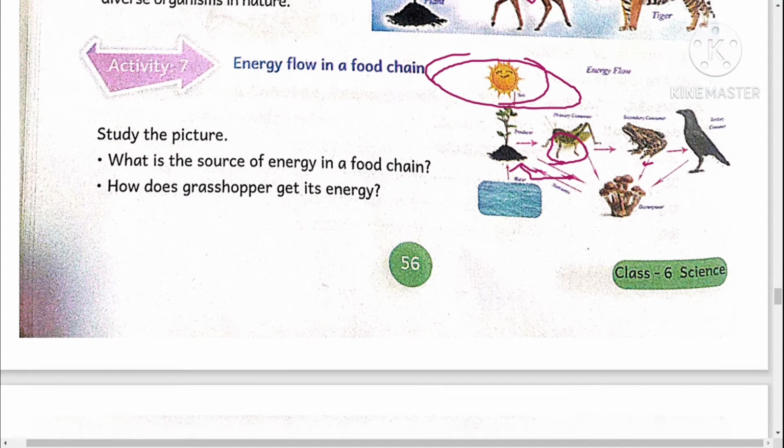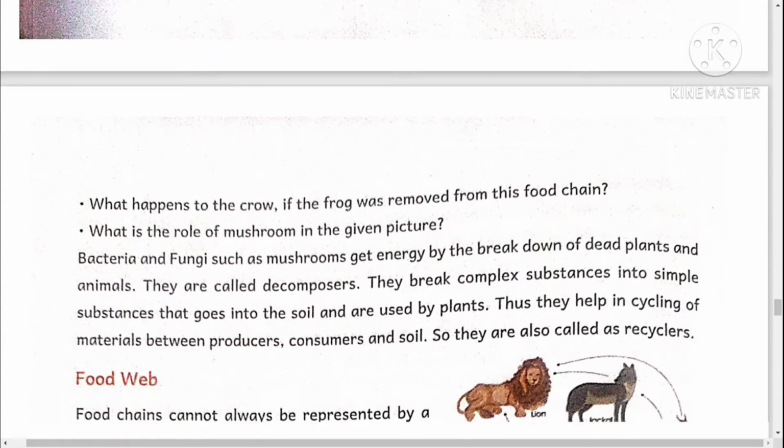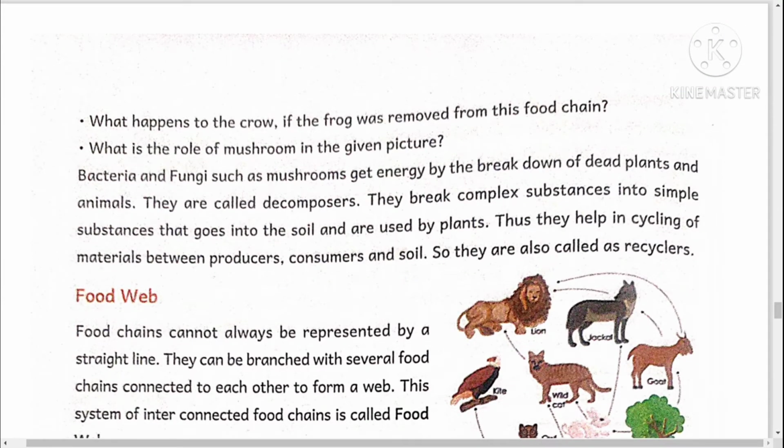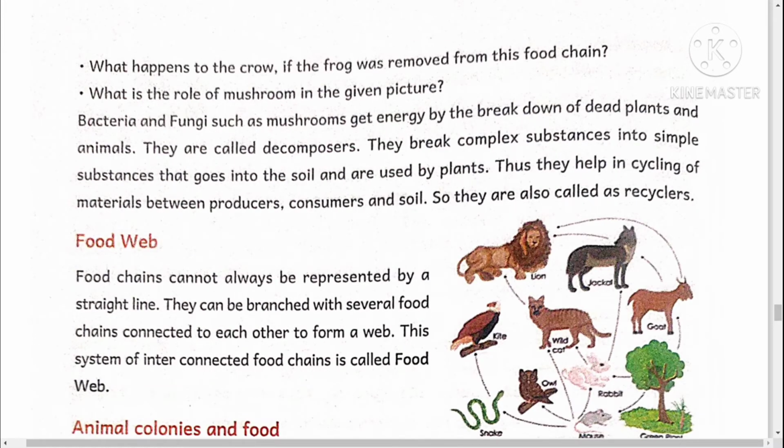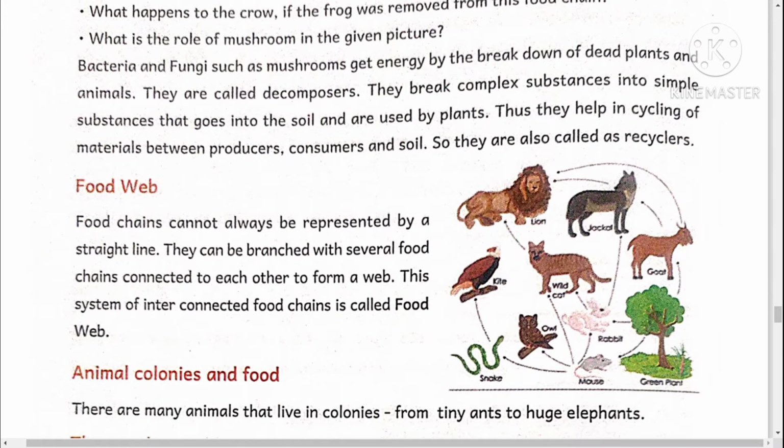Next, what happens to the crow if the frog was removed from this food chain? In this food chain, the frog is a secondary consumer as it feeds on grasshopper. If the frog was removed, the grasshopper population will increase.